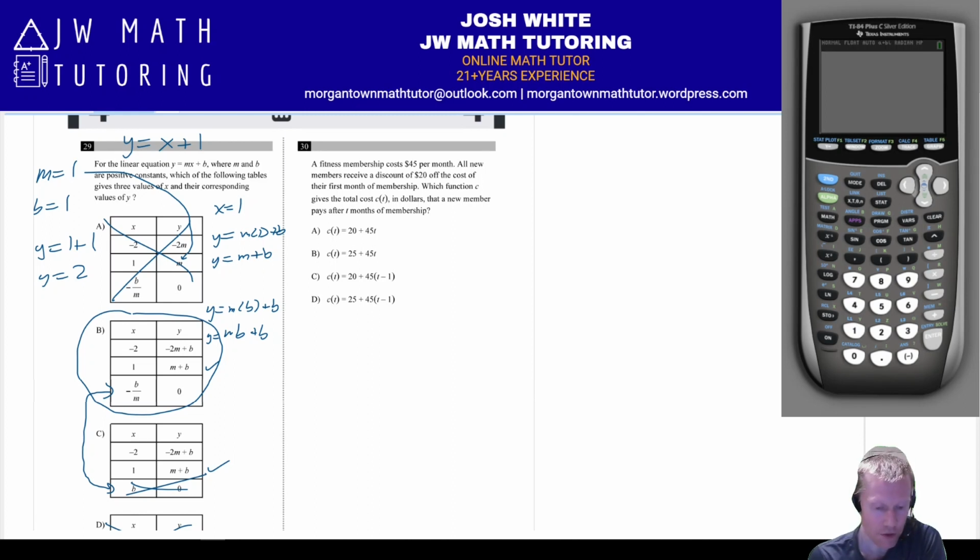Okay, for number 30, this is a tricky one because this is a linear equation, but the way it's set up is a little bit different than what we're used to. So basically, you have a $45 per month fee, and then there's also this discount coming into play as well.